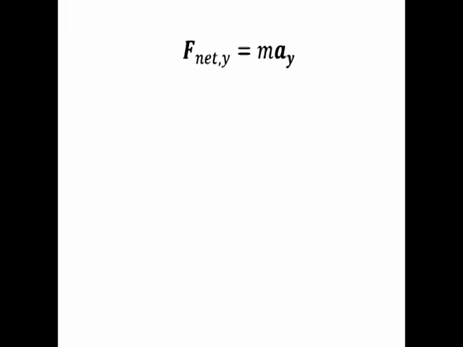Two forces act on the body, a downward gravitational force and a balancing upward force of magnitude W. We can write Newton's second law for a vertical axis with the positive direction upward as F net y is equal to m a y. In our situation here, this becomes W minus F g is equal to m times 0, or W is equal to F g.